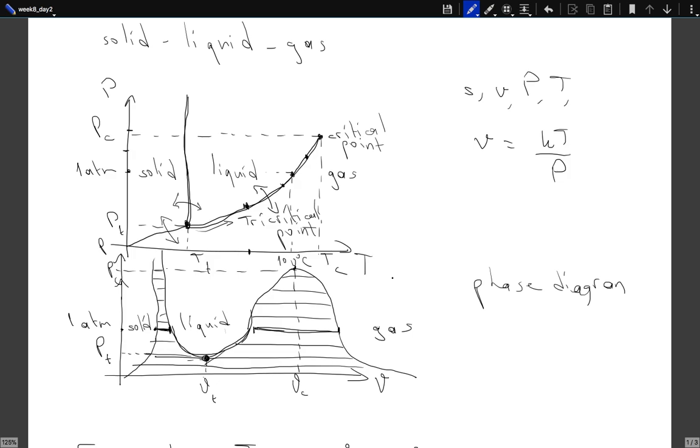But it seems like you have a more efficient way in terms of energy if you just increase the temperature and make it gas. You can use a trick. Well, the question is whether you are talking about the work that you need to do or the heat that you need to give. Keep in mind that it depends on how you go from the initial point to the final point.